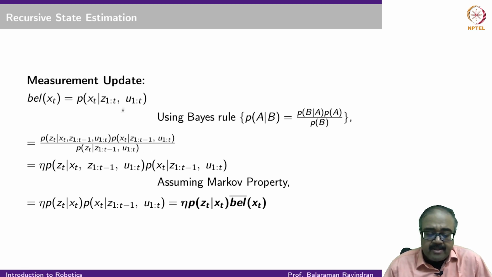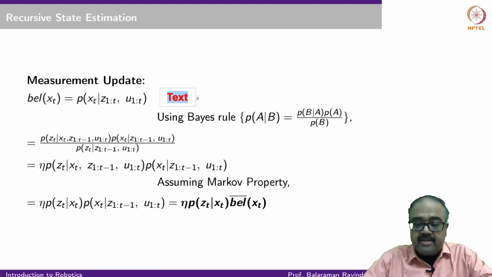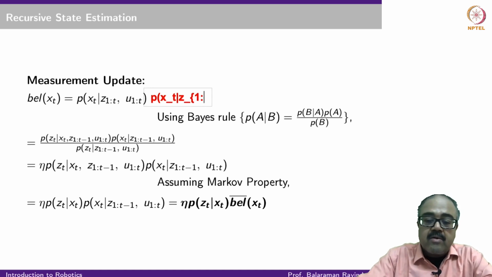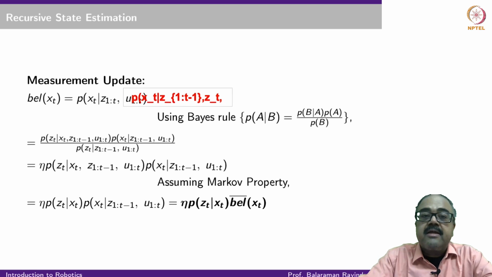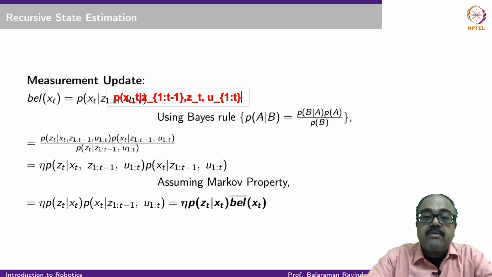So this is essentially applying Bayes rule here, where I'm looking at probability of xt given z1 to t minus 1, comma zt, comma u1 to t.